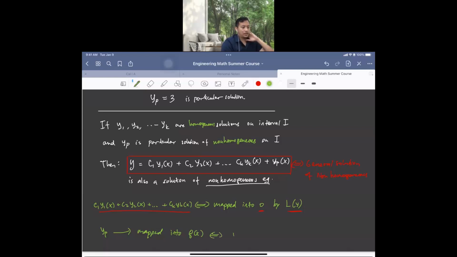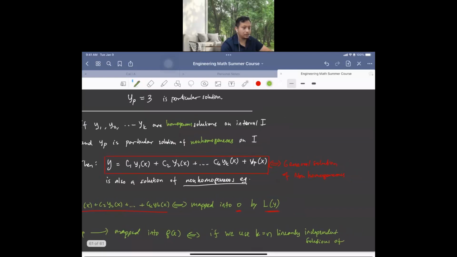Now if we use k equal n linearly independent solutions of this nth order DE, then this expression here is the general solution of the non-homogeneous.